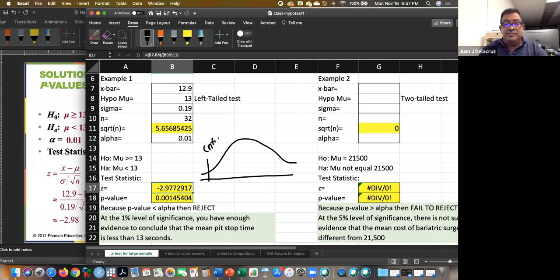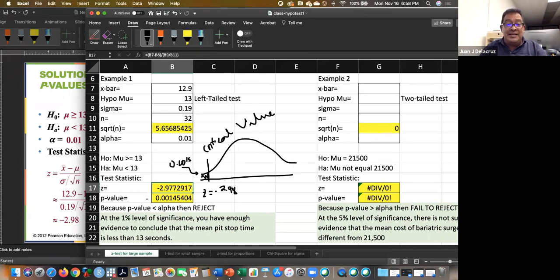This critical value is going to help me identify the area to the left or to the right. In this case, the Z-score is going to be minus 2.98, right? And the area under the curve is going to be 0.0001, let's say 5, right?